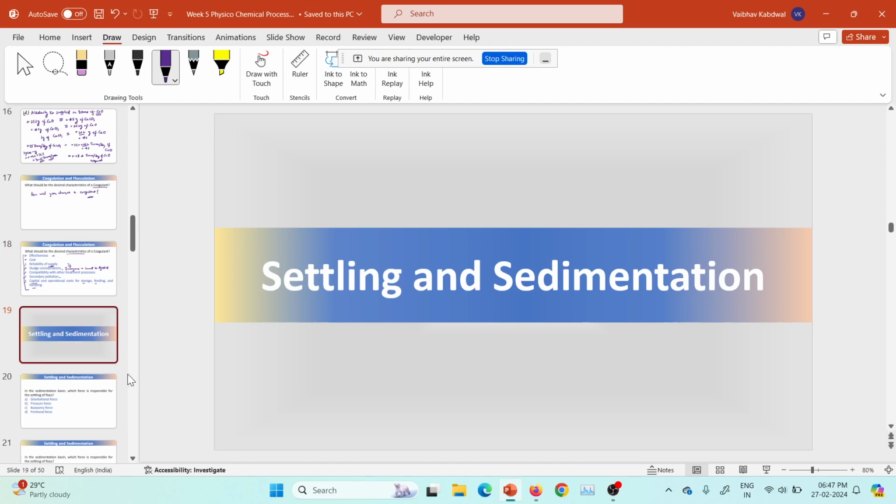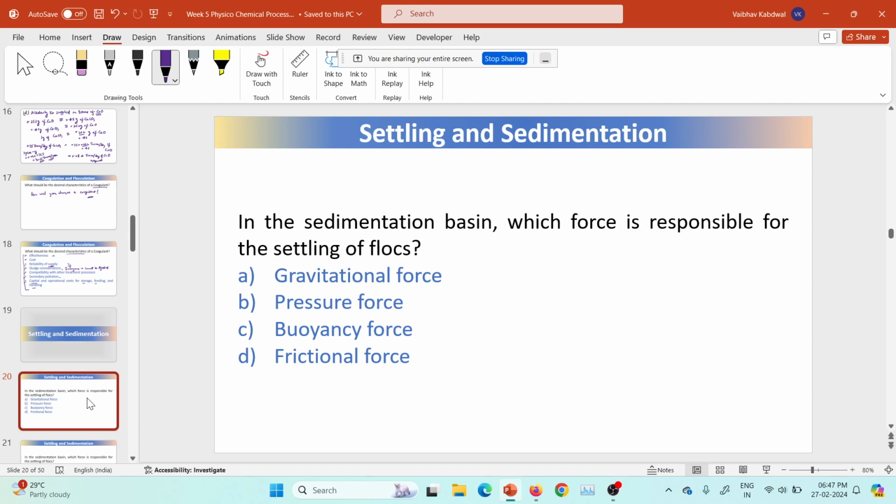So now we will move on to settling and sedimentation. Let's understand it with a few MCQs. In a sedimentation basin, which force is responsible for settling of flocs? We understood the particles which were not able to settle with the help of gravity.